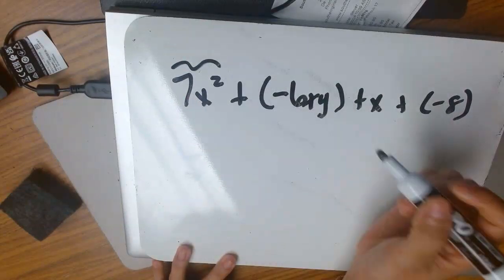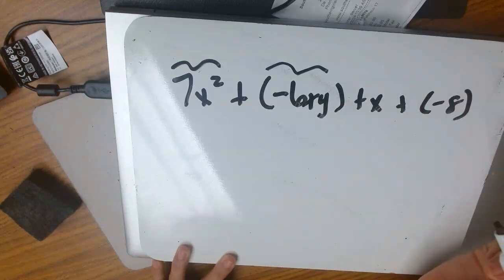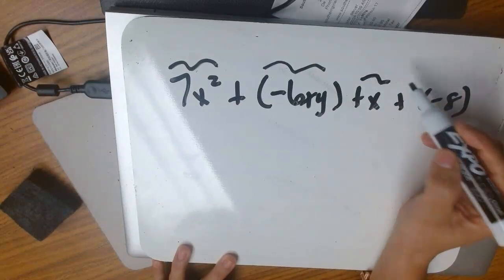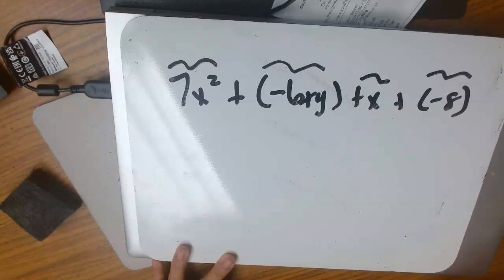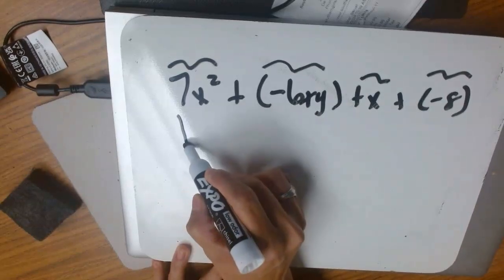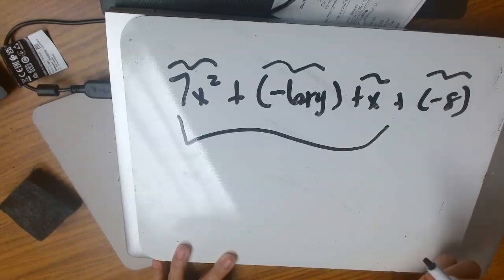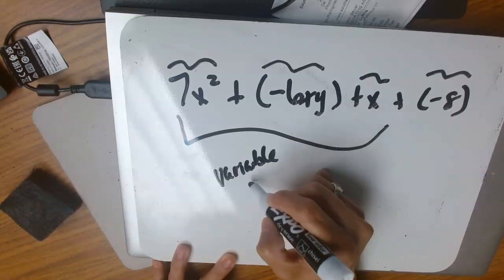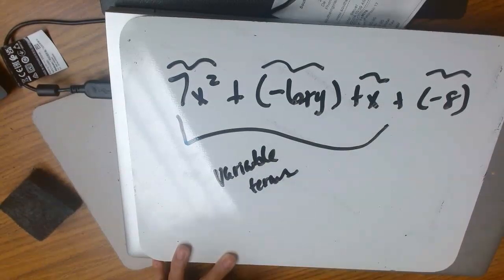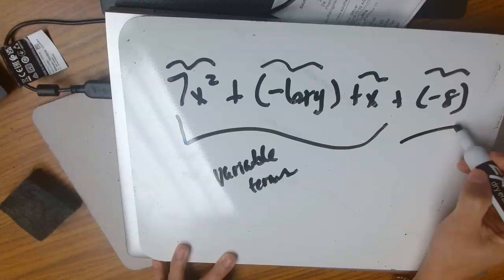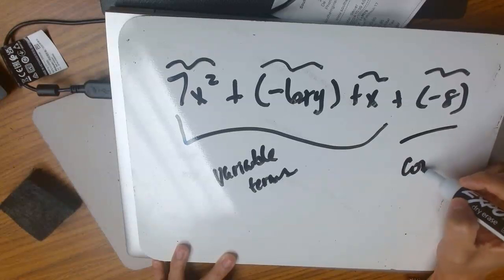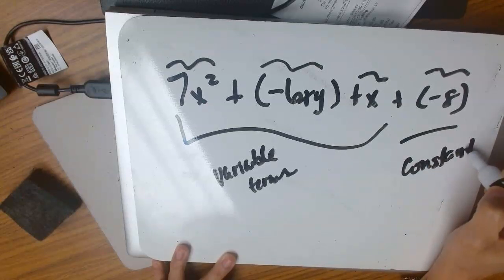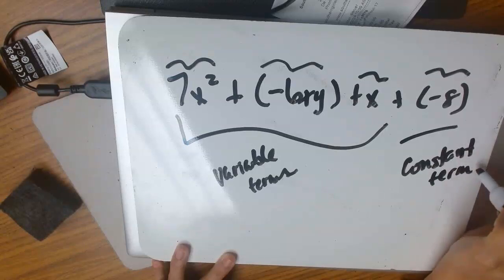This is considered a term, this is considered a term, this is considered a term, and this is considered the 4th term. Now then, these here are considered variable terms, while this one is considered a constant term.